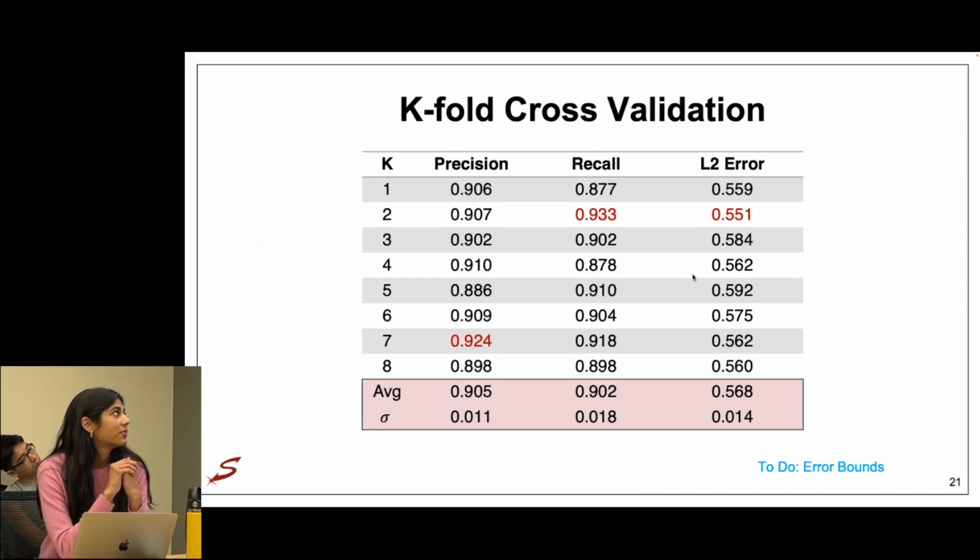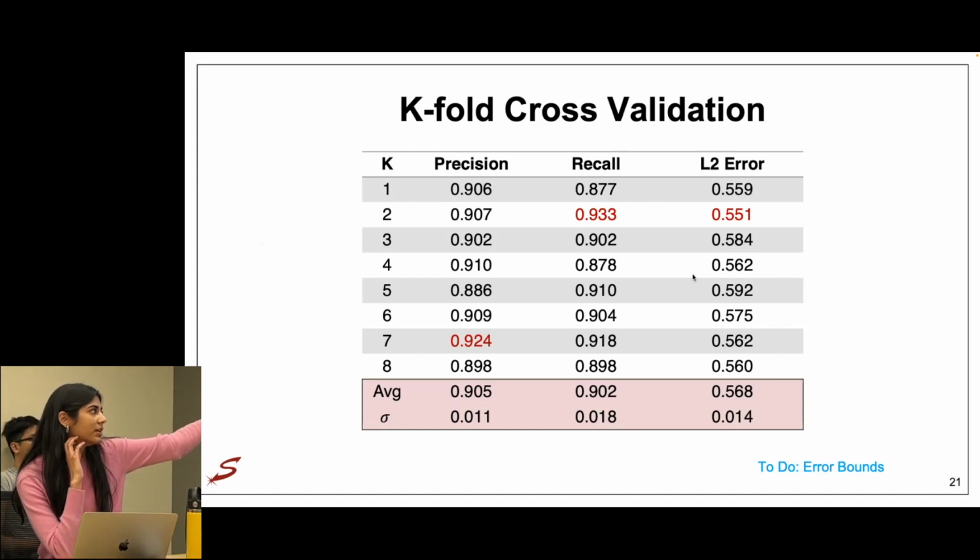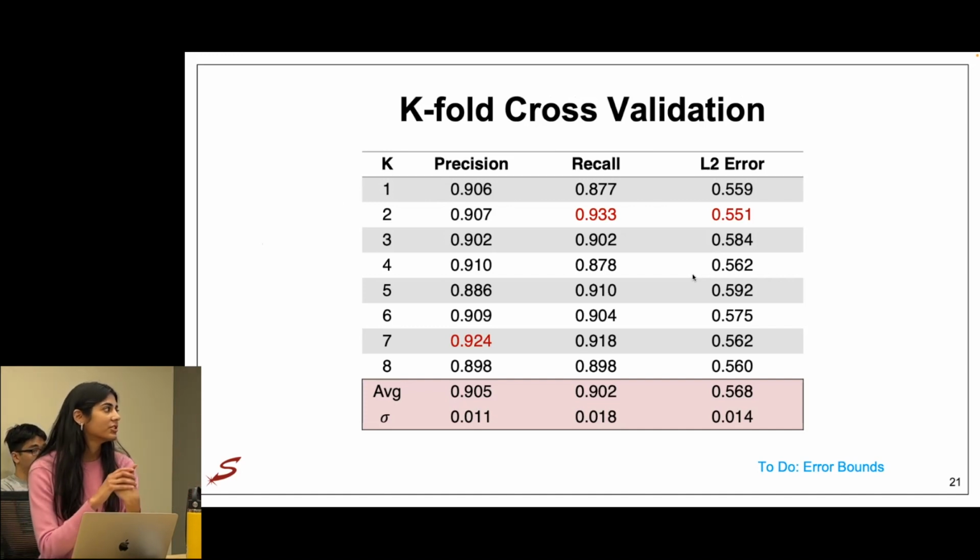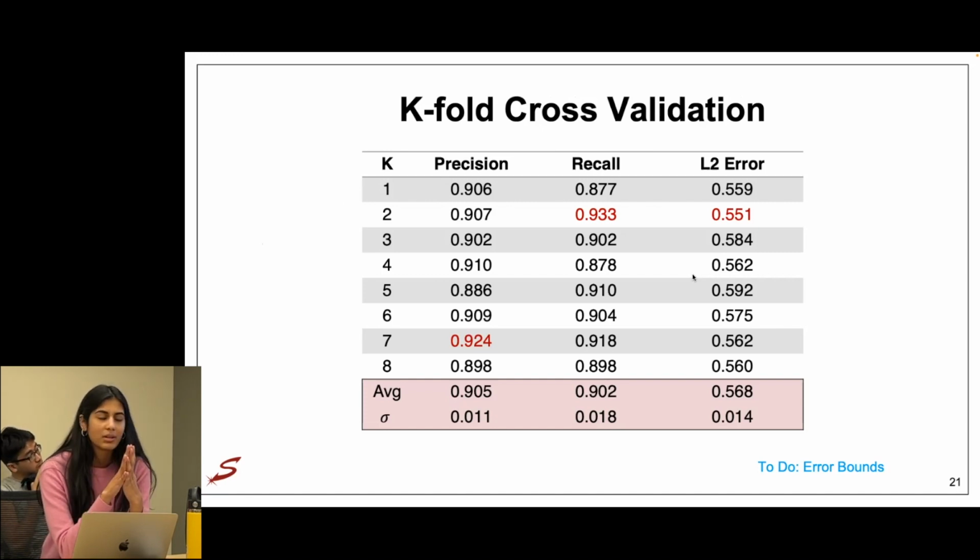These are the results from our k-fold cross-validation. We have each of the folds listed here, but the main takeaway is that overall we're doing very well. We're getting around 90% precision and recall with an average error of around half a pixel.